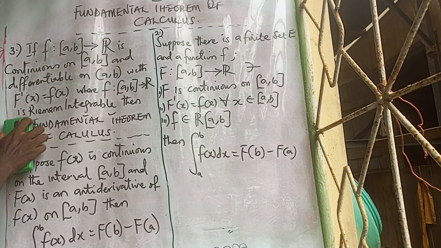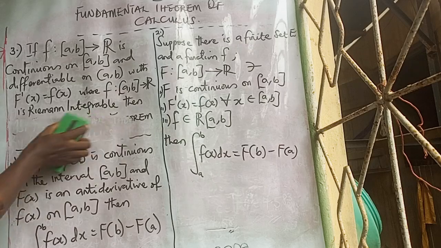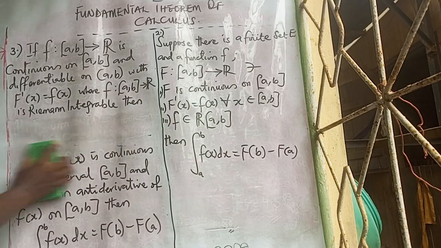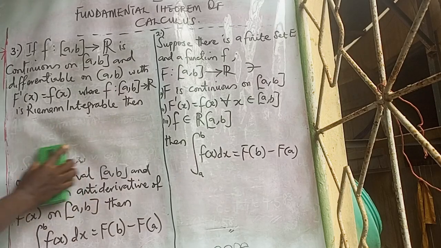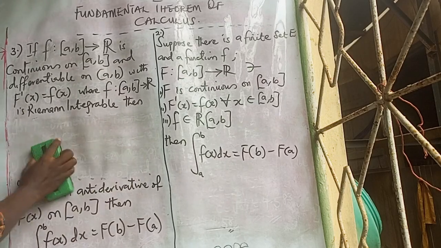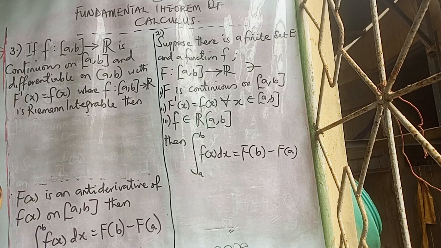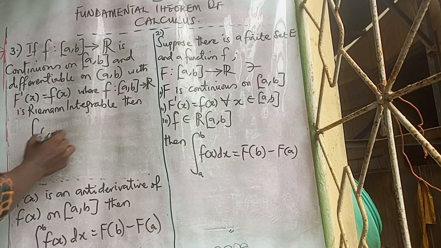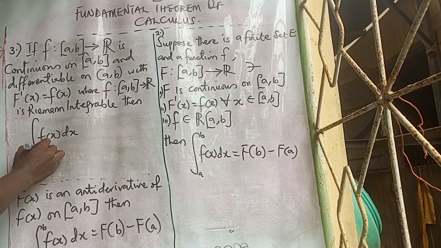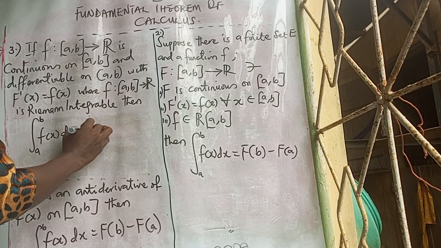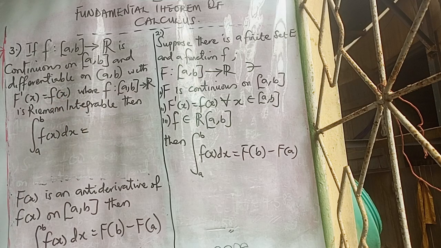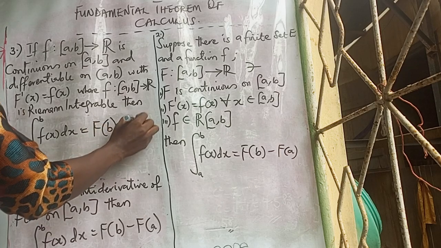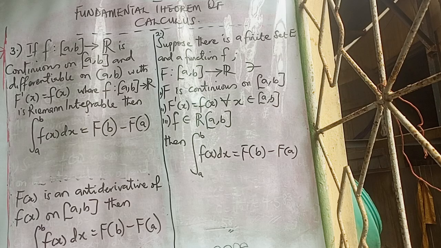then what? Then the integral of the function f of x dx over the interval a to b is equal to capital F of b minus capital F of a.